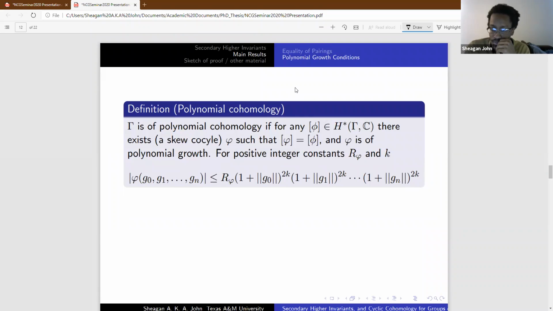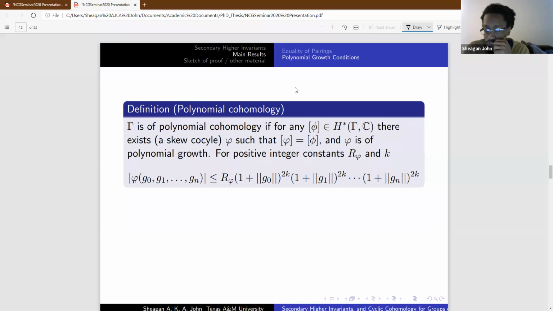So we say that our group has polynomial cohomology if for any cocycle in our group cohomology, and this is just standard group cohomology here, there exists technically a skew cocycle, for certain technical reasons, such that the two classes are the same and the cocycle psi on gamma is of polynomial growth.